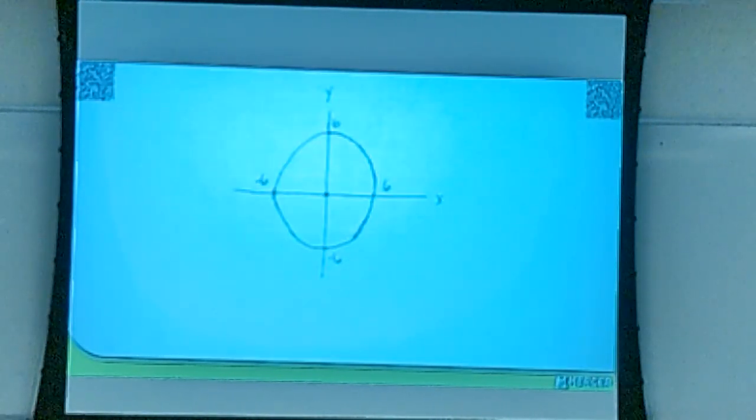Let's just pick a random point, x, y. What is the x coordinate, in terms of theta?